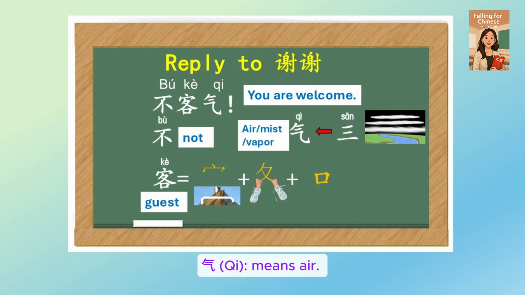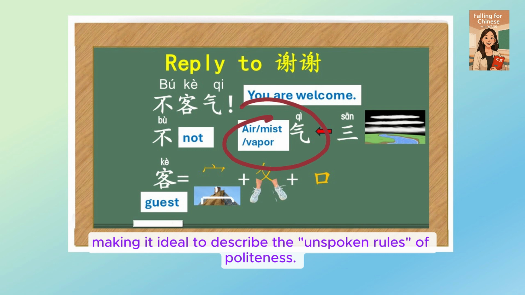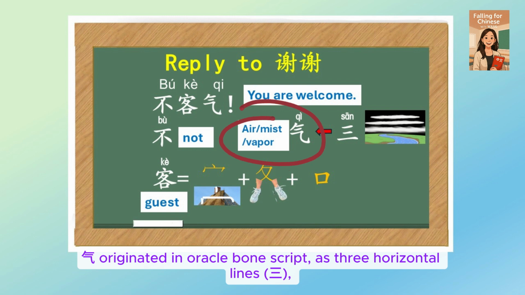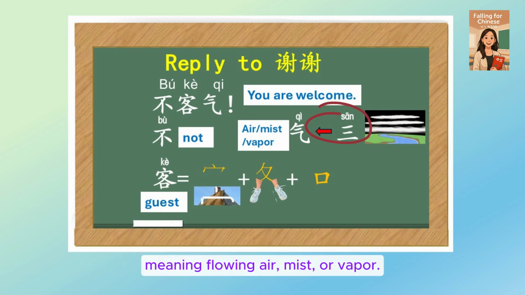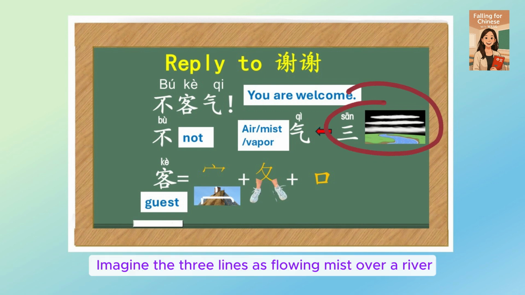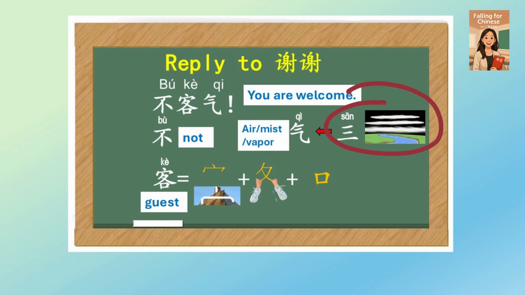气 means air. It captures the abstract concept of social energy, making it ideal to describe the unspoken rules of politeness. 气 originated in oracle-born script as 3 horizontal lines, meaning flowing air, mist, or vapor. Imagine the 3 lines as flowing mist over a river, intangible yet ever present.